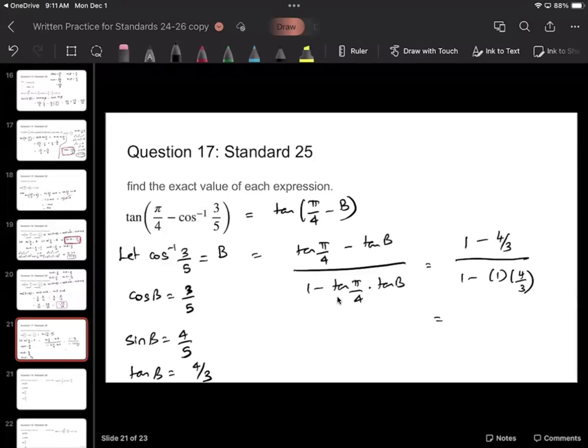Or you can just multiply throughout by 3. That will make your life easier. So then you will have 3 minus 4 over... 3 minus 4. So that's a 1. Is that right?